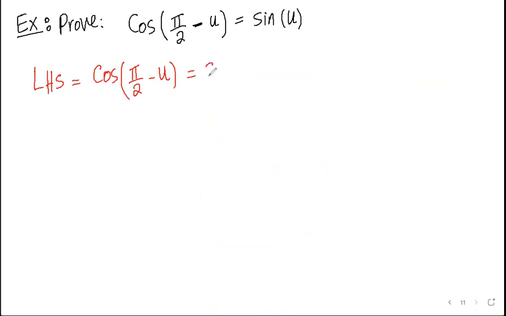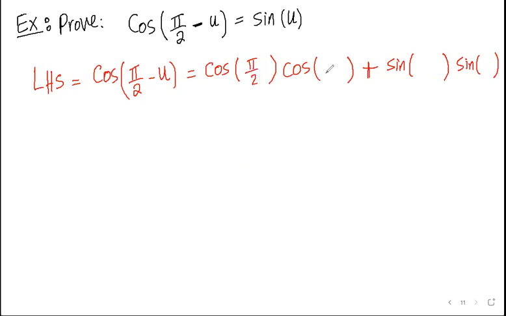So now I have cosine of first angle pi over 2, second one u, plus sine of first angle, sine of second angle.